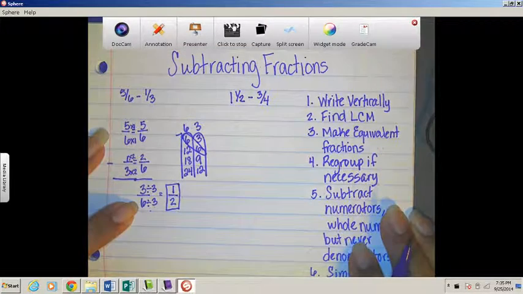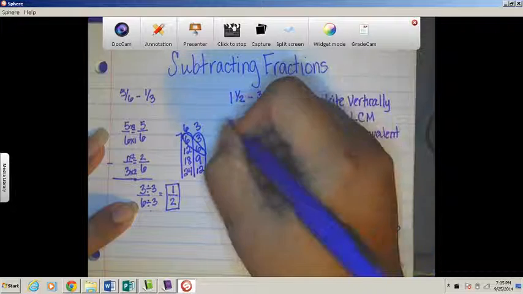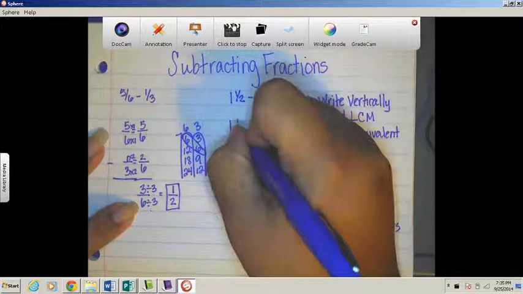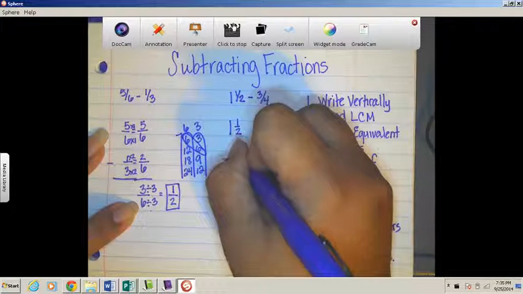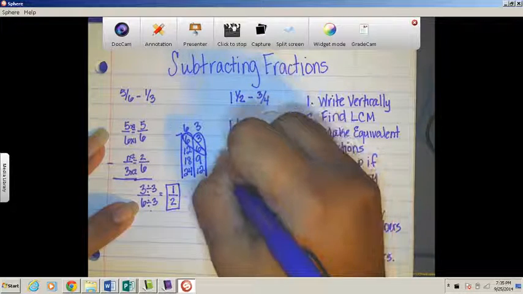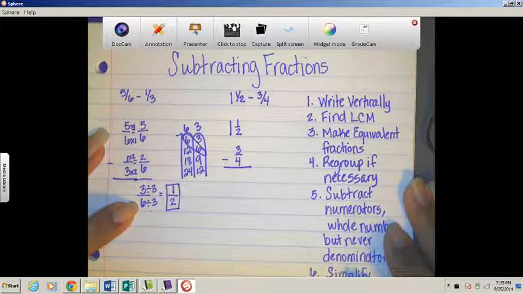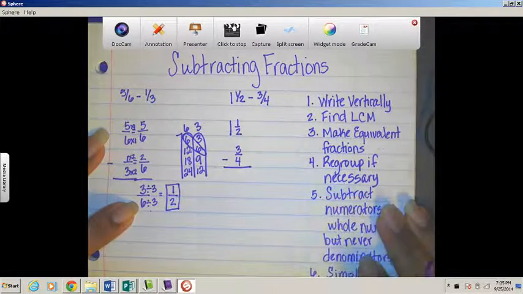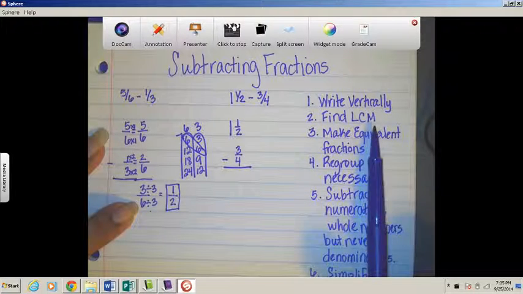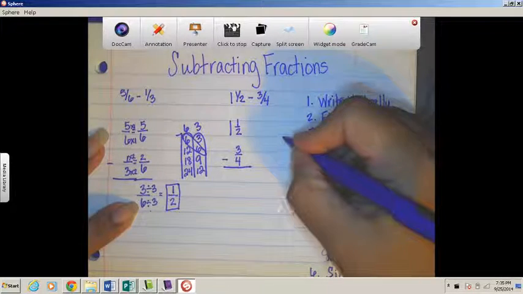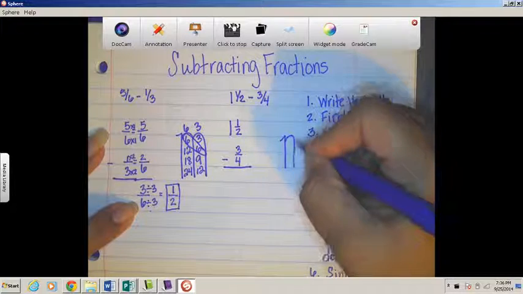First, we write them vertically. 1 1/2 minus 3/4. The denominators here are not the same, so we must find the least common multiple. I write my LCM.